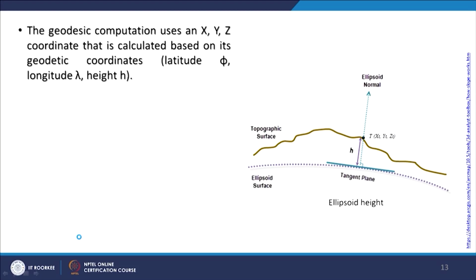In this geodetic computation, x, y, z coordinates are calculated based on the geodetic coordinates, that is latitude, represented by phi, longitude, lambda, and height h. So, all three are there.